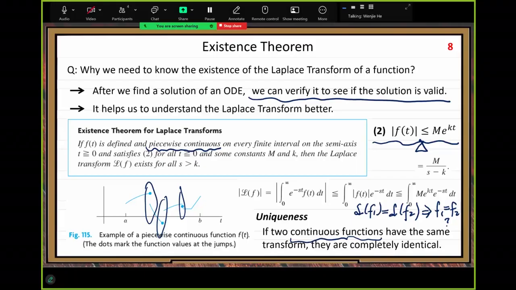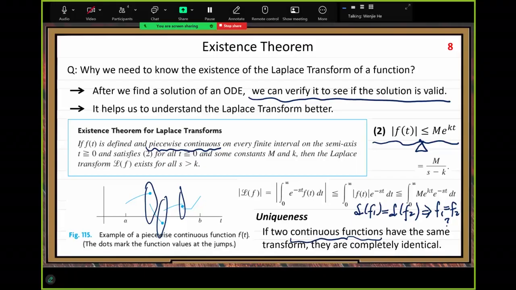Now you understand the existence and uniqueness theorem for the Laplace transform. These two theorems help us understand the Laplace transform better.